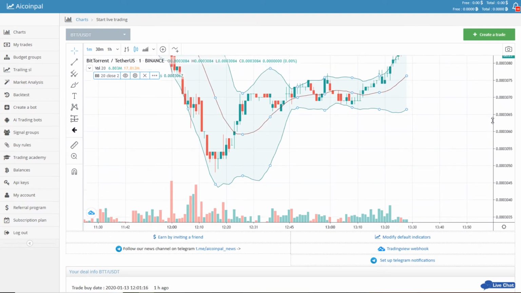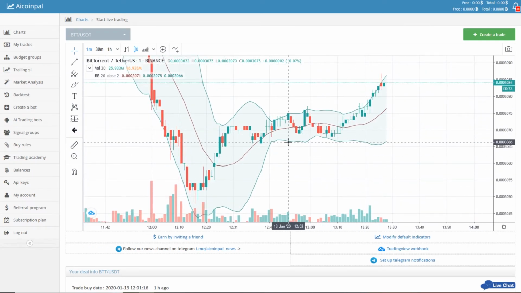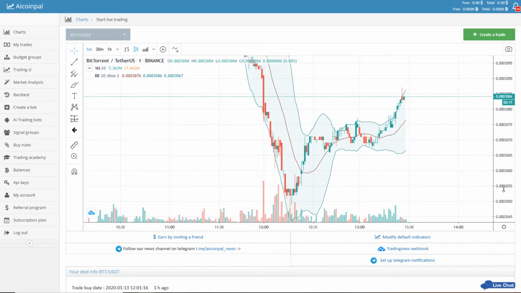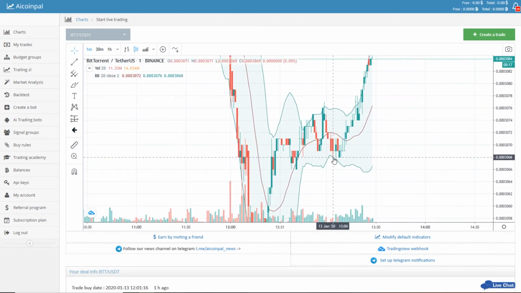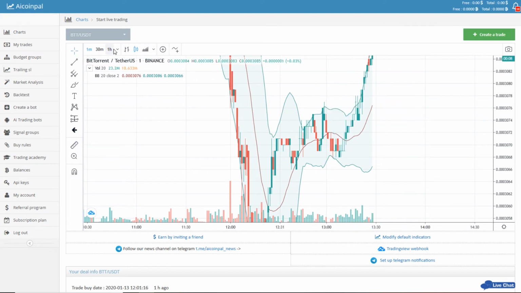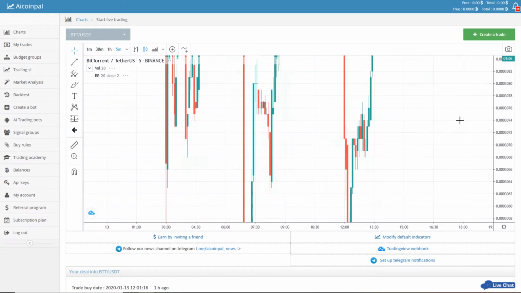Another really important thing is that maybe here the price touched minus 100, but the volatility is really small. Maybe we need to have a greater volatility.